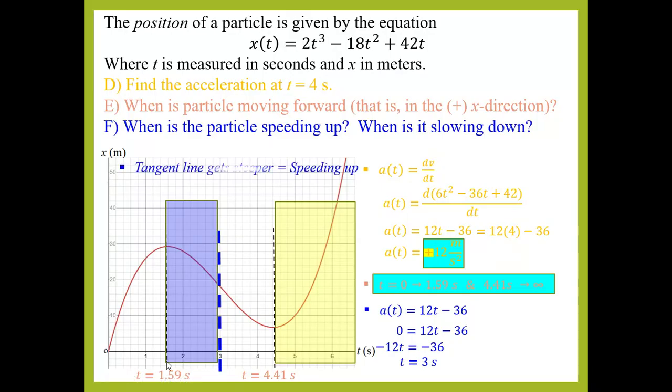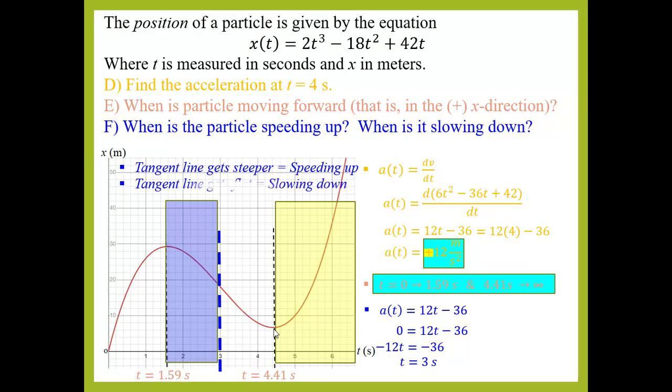And then here from 3 to 4.41 seconds, it is also slowing down. So from 0 to 1.59, it's moving to the right and slowing down. From, excuse me, from 3 to 4.41, it is slowing down as it's moving leftward. So those are your answers, okay?